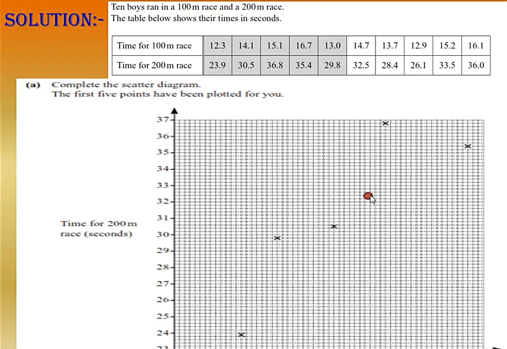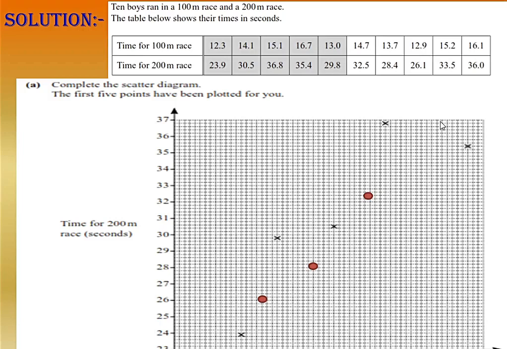So against 13.7 on horizontal we will take 28.4 on the vertical axis. 13.7 will take 28.4 over here. So against 12.9 on horizontal we will take 26.1 on vertical axis. So 12.9 will be over here and the next point will be here.